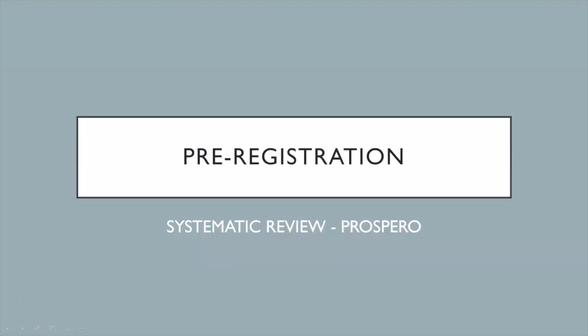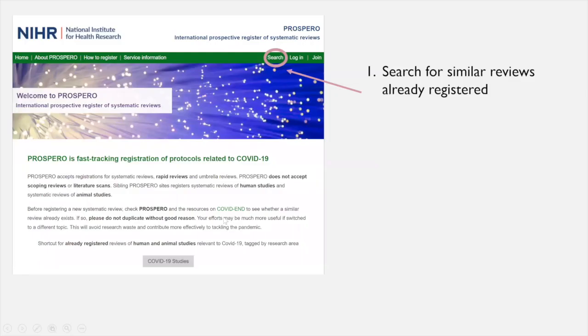And so now I would like to use the time to show you 2 examples of pre-registrations. Let's go first with an example for a systematic review with Prospero. First, and it's an important tip, when we are doing our initial steps in the research, we will have to search for reviews.